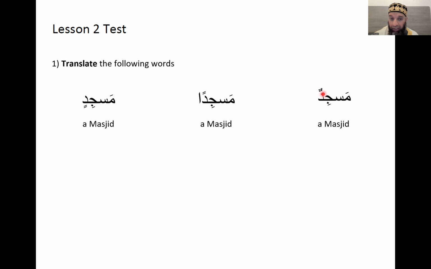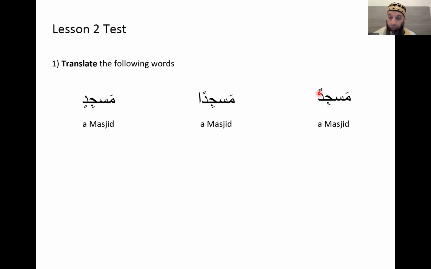The double ending, or here the double fatha ending, or here the double kasra ending, does not change the meaning of the word. It's the grammar of the word. It's the way the last letter or letters end, with what vowel they have on them, that's the grammar part.